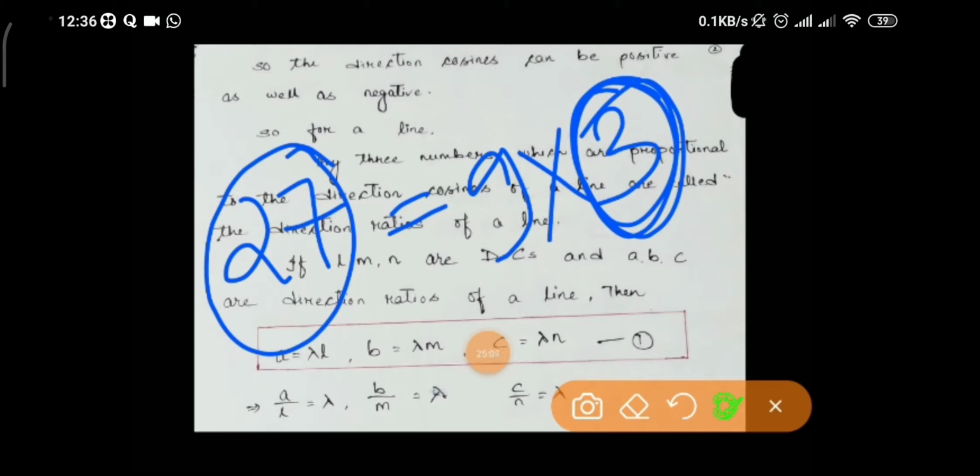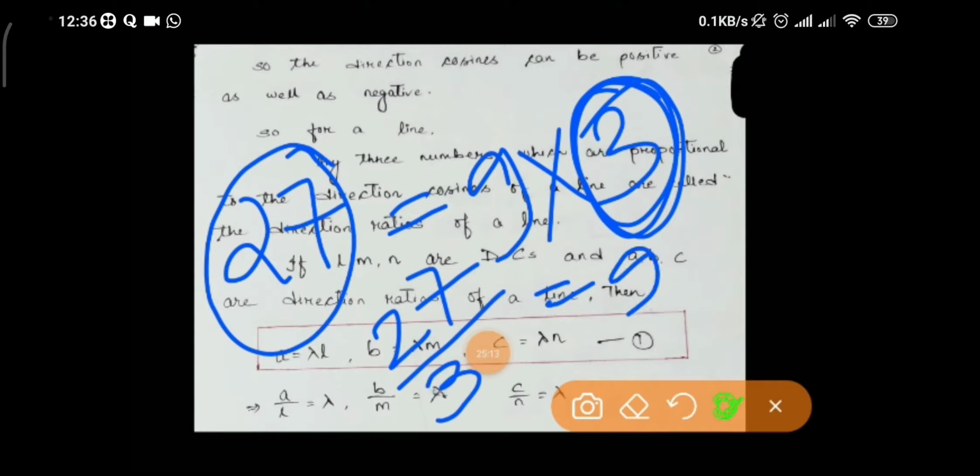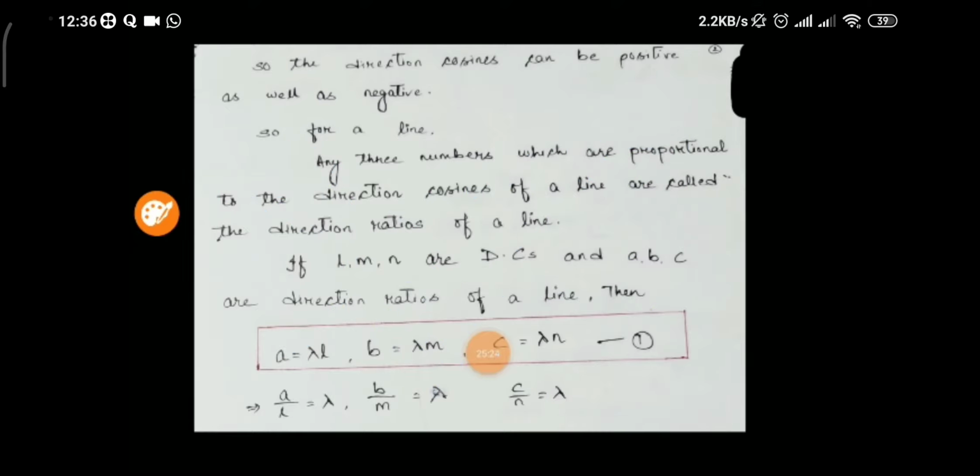Yes, because 27 by 3 is equal to 9. Okay, so they are proportional. That is 9:1. It will take a little time to understand, but know that direction ratios and direction cosines are proportional. That means one will be a factor of another.